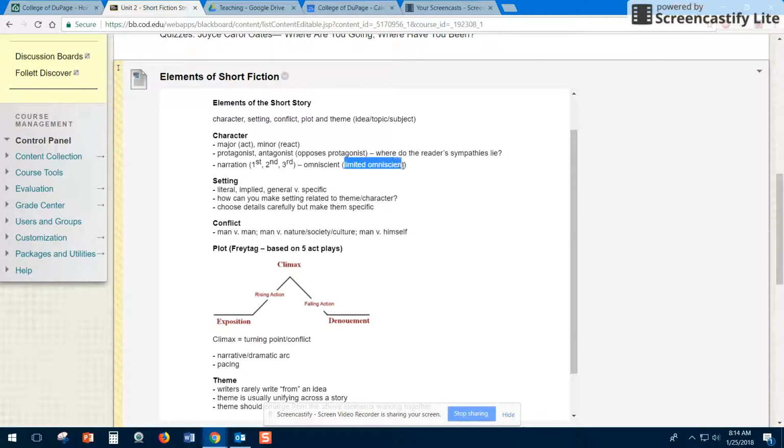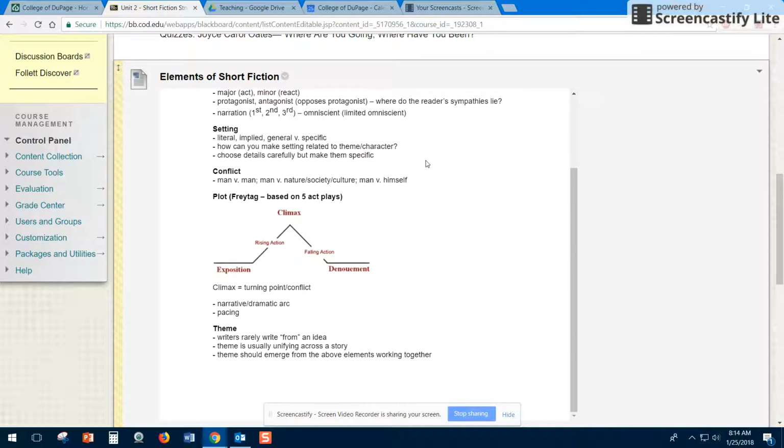Or what we get, the limited omniscient, so we have insight into one or a couple of characters, but our narrator, although it's not a first-person I voice telling the story, doesn't necessarily know everything about every character. So we're still often trying to piece together certain parts of the story, or reasons that things happen, or relationships between characters, because we're not told that by our limited omniscient.